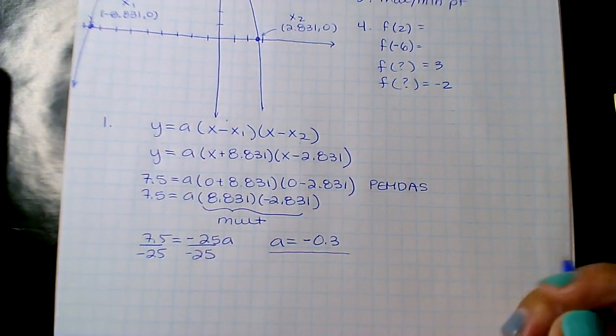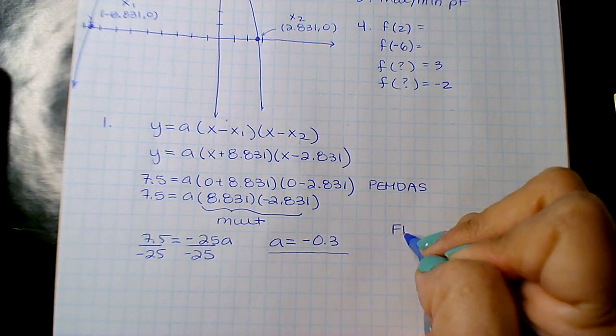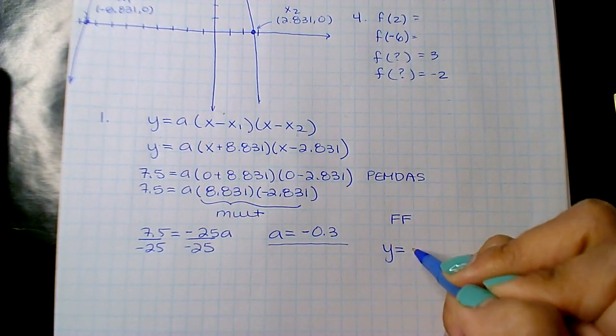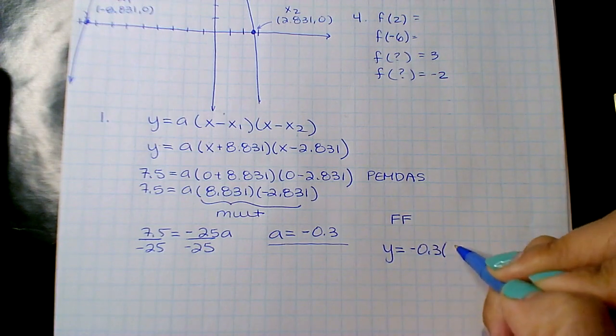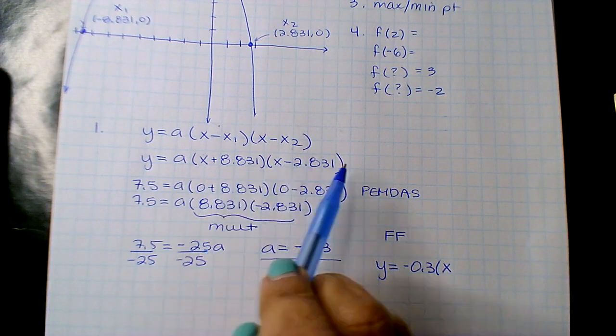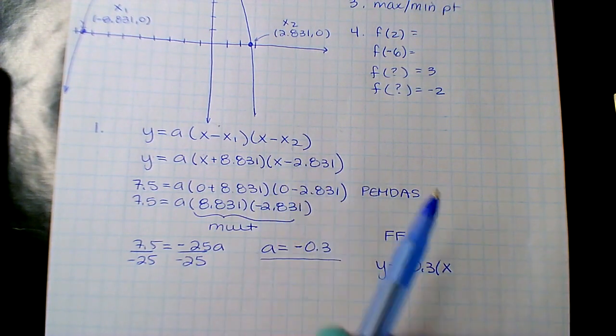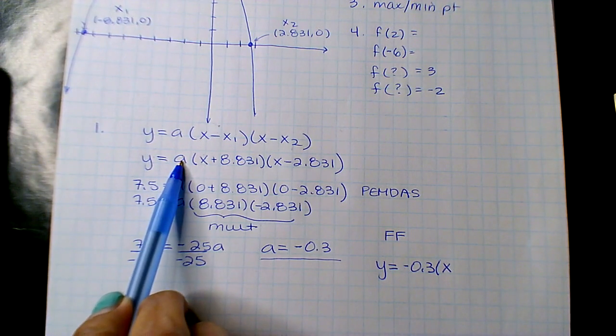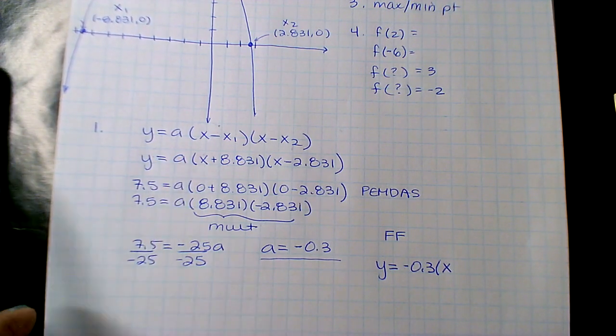So when I'm asking you for factored form, now what is factored form? Y equals the A value, times x minus this intercept, and then x minus this intercept. So all you're doing is you're plugging this in and throwing it right back into here.